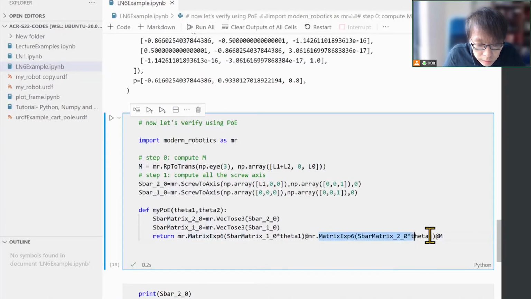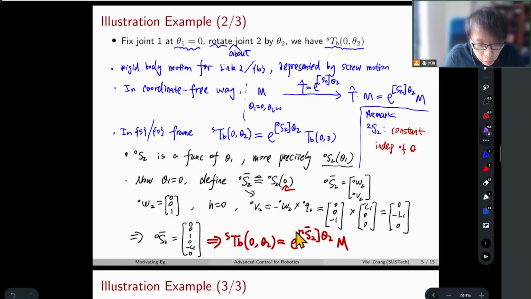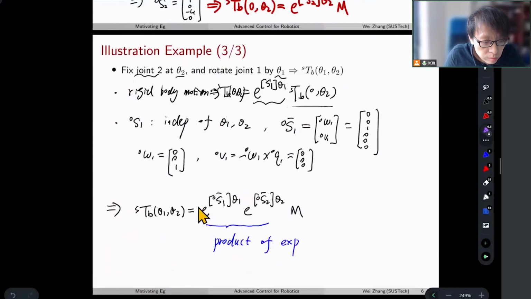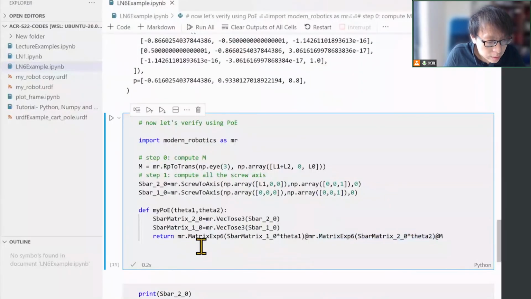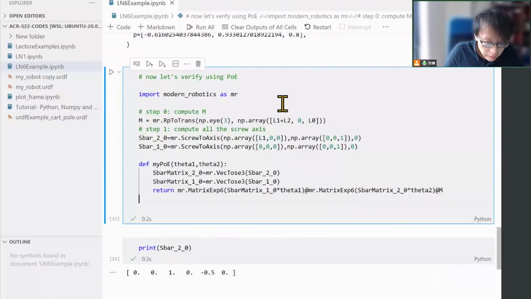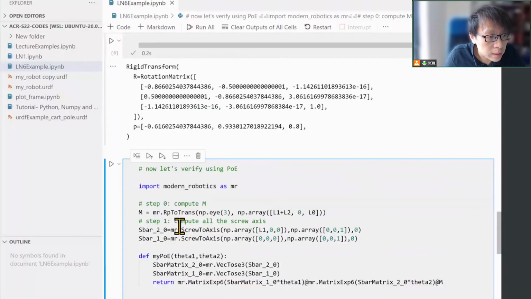So what we are computing is nothing but this exponential form: matrix exponential 6 of the 6-vector, then times M. I think that returns the overall T B in S. So we can test. Theta 1 and theta 2 were already specified before.